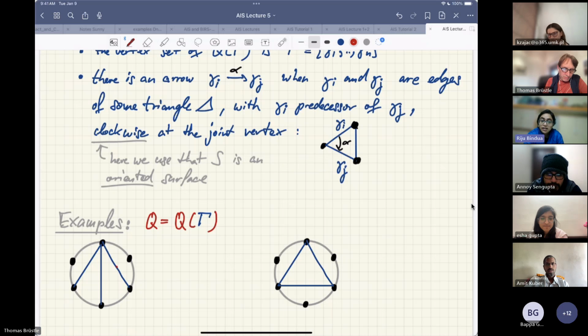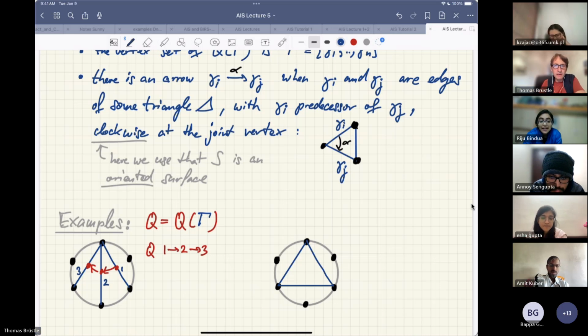The points of the quiver correspond to the arcs. So for each arc I get one vertex in the quiver, and then I just connect when two arcs are joined at a joint vertex. I connect them clockwise, and that's it. There's no more. It's A3, yes. So exactly, thank you. If I label my arcs as 1, 2, and 3, this is the quiver.